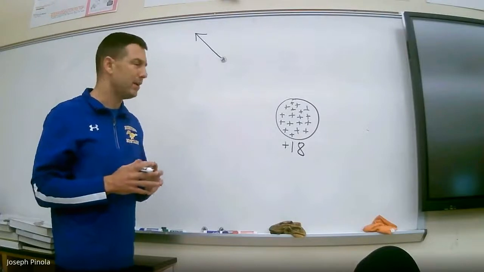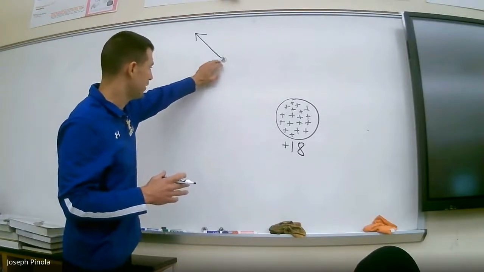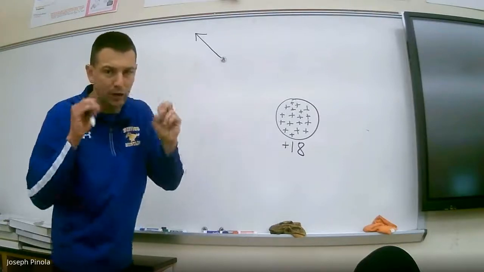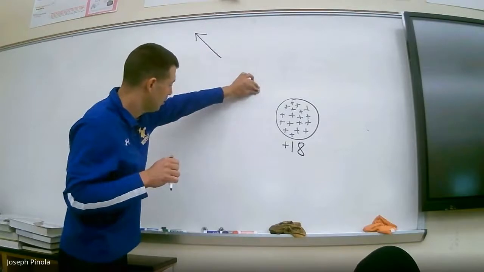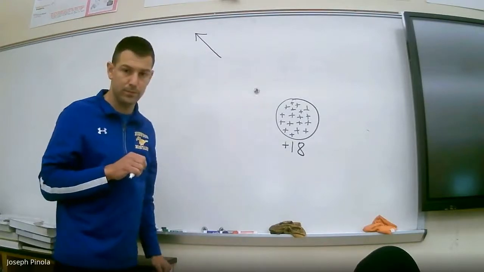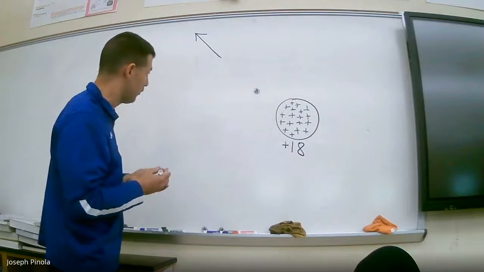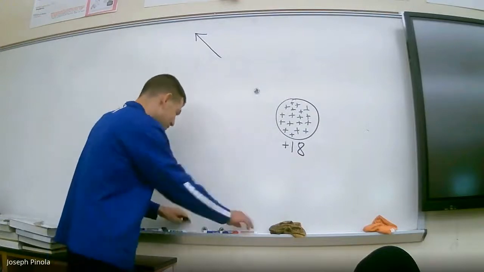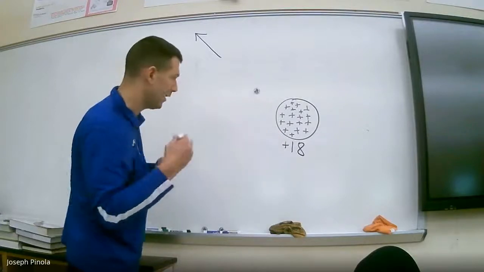But what would happen if I were to bring my small positive charge, my victim charge, maybe we can think of it as, closer to the boss charge? Well, you'll notice that it would still feel a force in the same direction, up and to the left, away, because these will still repel.